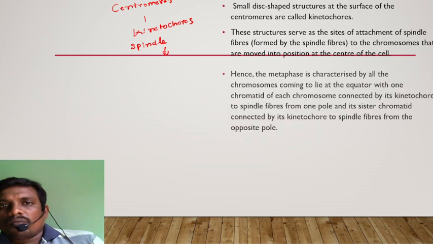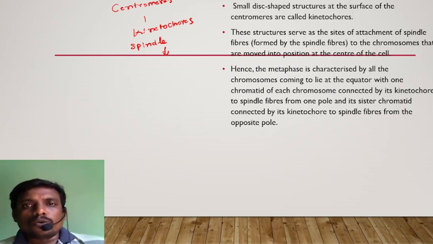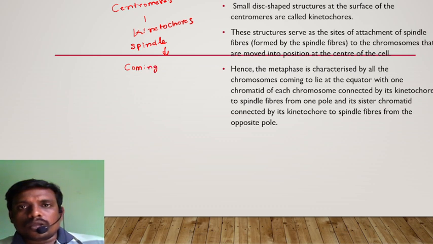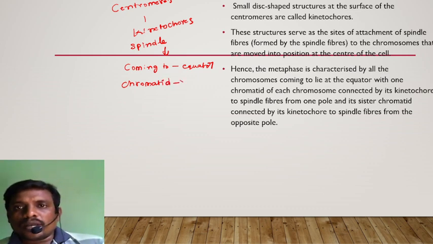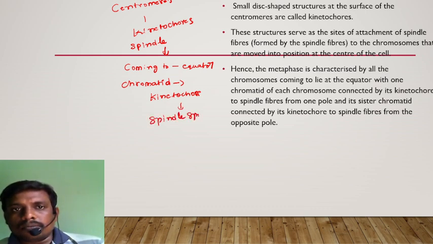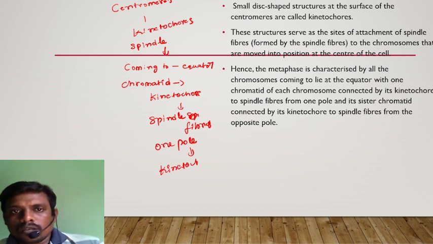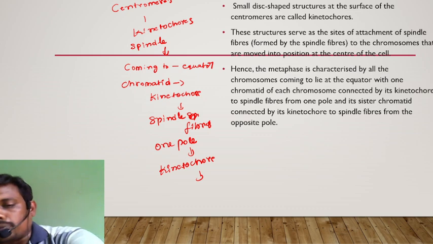Hence, metaphase is characterized by the chromosomes coming to the equator region, with one chromatid of each chromosome connected by its kinetochore to spindle fibers from one pole, and its sister chromatid connected by its kinetochore to spindle fibers from the opposite pole.